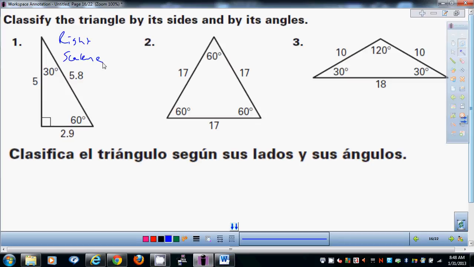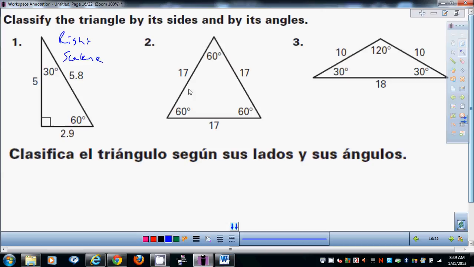Back in chapter 1. It's an R word. Regular. If a polygon has all congruent sides and all congruent angles, it is called regular. So, equilateral, equiangular, that's a handful to say and to write. If you just want to classify it as regular, I will consider that correct.